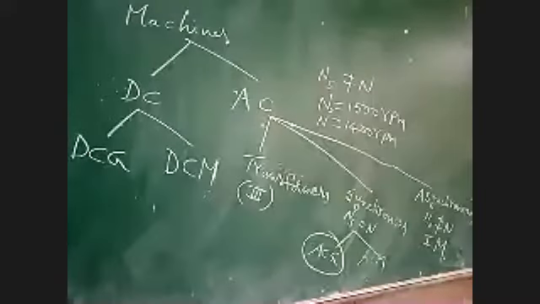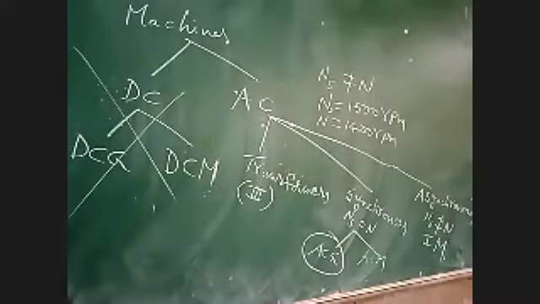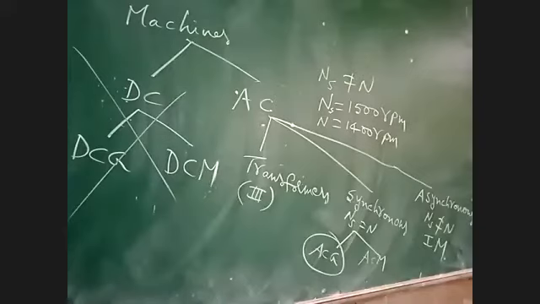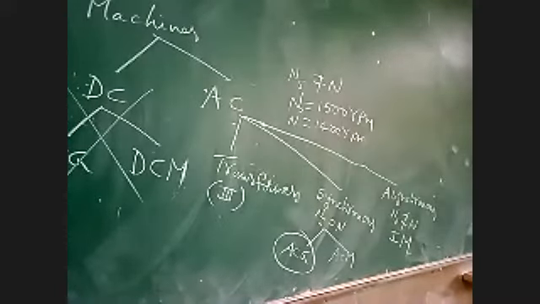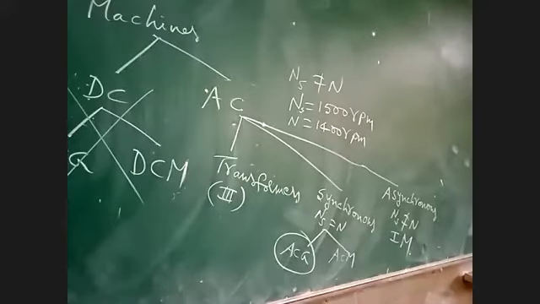In your syllabus, there is no DC generator and DC motor. We are having only AC. AC is transformers. Already you have completed third unit. In fourth unit, we'll study synchronous and asynchronous. Asynchronous machines first we'll study three-phase induction motor and single-phase induction motor. And synchronous machines will study only AC generator.